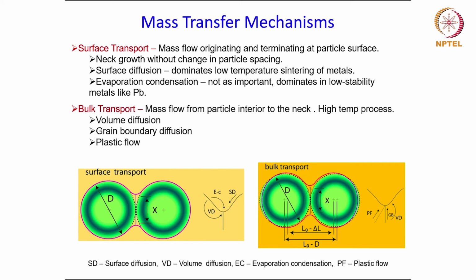So out of all these diffusion mechanisms which are involved in the sintering process, some are called densifying mechanisms and some are non-densifying. So the mechanisms which lead to shrinkage are the densifying mechanisms, and all the bulk transport mechanisms such as volume diffusion, grain boundary diffusion, and plastic flow will come under this category, because all of these lead to a shrinkage of the compact and result in densification.